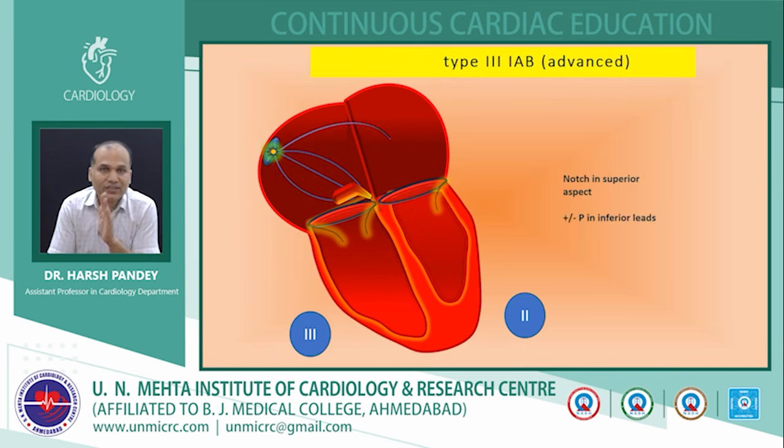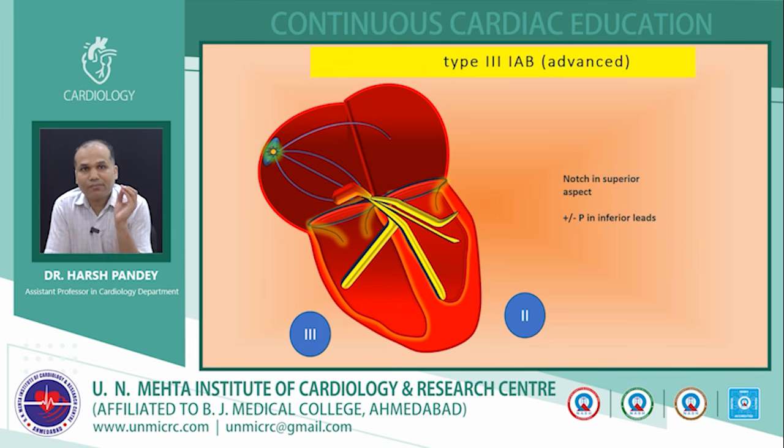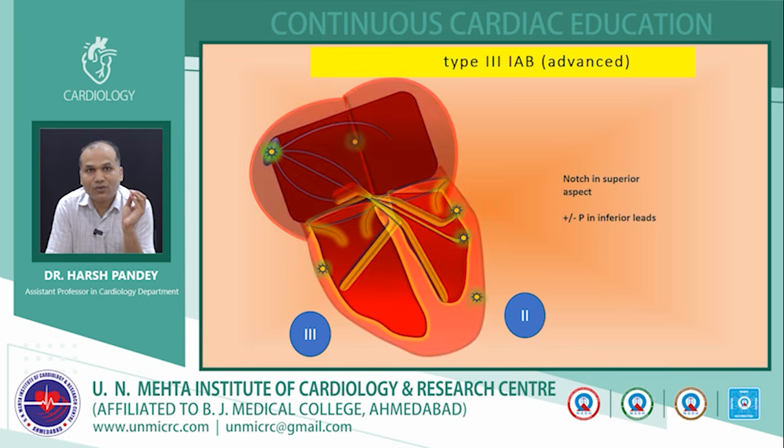So coming to the type 3, type 2 I will discuss after this. The type 3 interatrial block is also known as the advanced interatrial block. Here the whole Bachmann bundle has become fibrotic. So now the impulse will be conducted through the atrial muscle fibers. First it goes down from the interatrial septum in the downward direction, and then subsequently it goes upward.